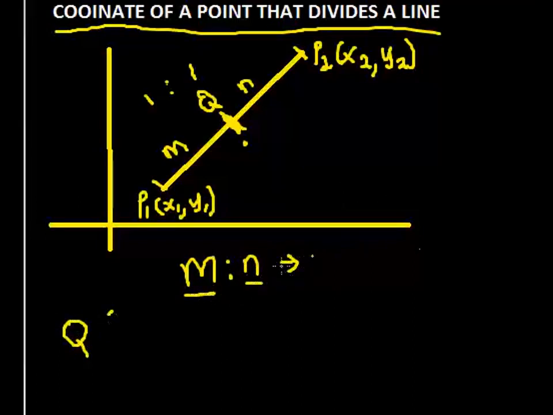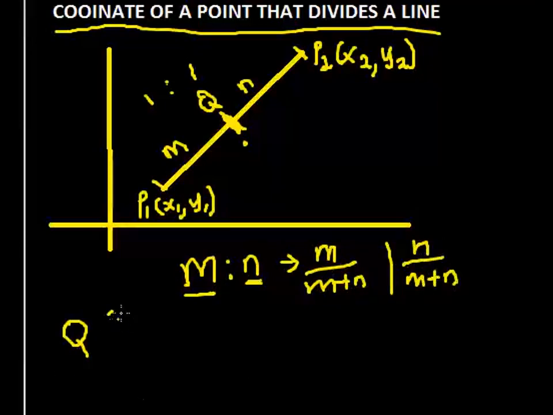The ratio of the initial is M divided by the total ratio, M plus N. And the ratio of the final is N, still divided by the total ratio, M plus N.